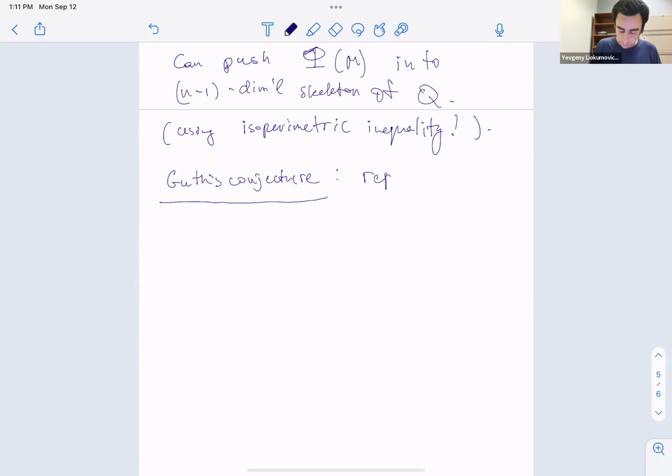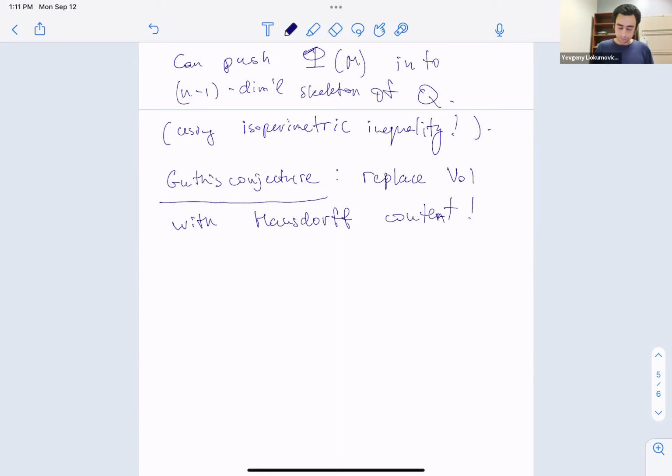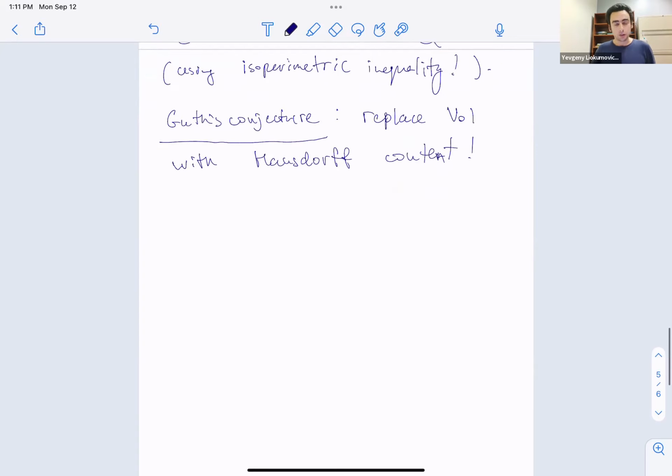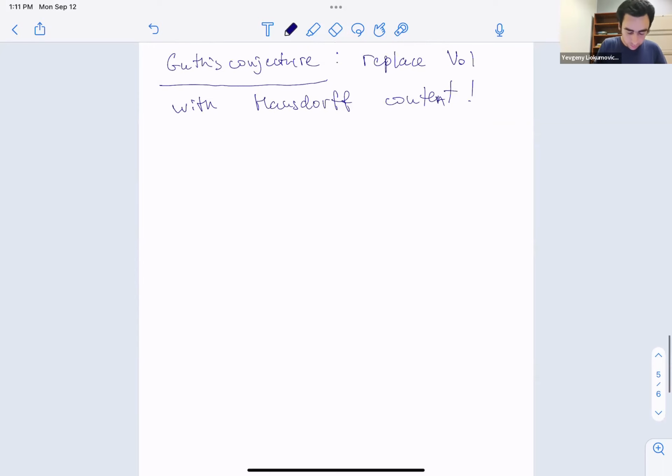So replace volume with Hausdorff content. And as a consequence, obtain a new systolic inequality, where the length of the non-contractible loop is controlled in terms of the Hausdorff content of the manifold. So let me define the Hausdorff content.